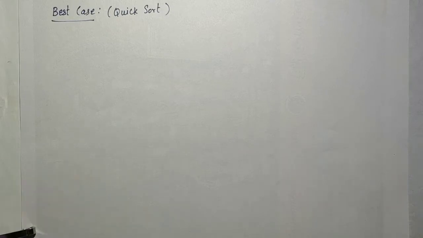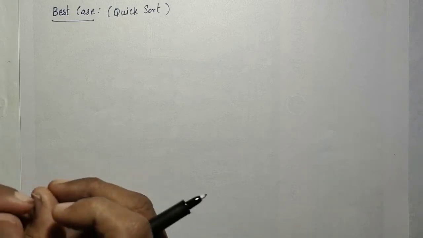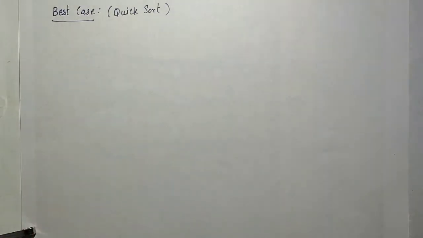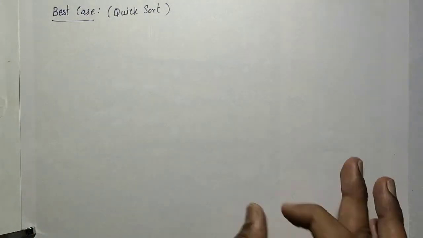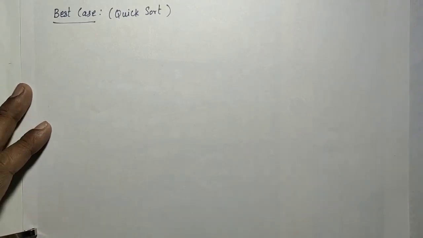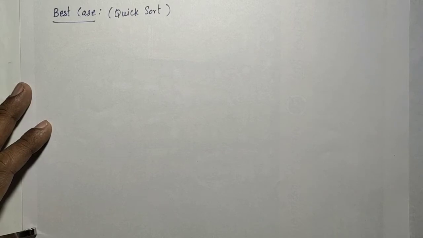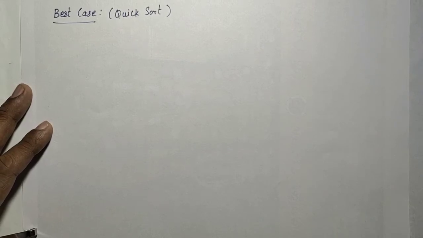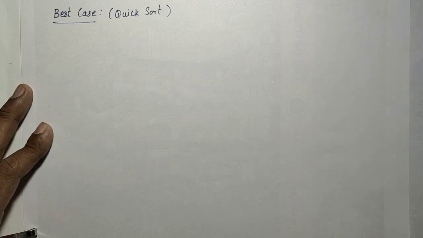So if n elements are divided into n/2 elements each, we obtain the best time complexity. In any divide and conquer approach, the efficiency of the algorithm improves only if the input is divided into n/2. Instead, if it is divided into n minus 1 and 0, you will get the worst complexity.